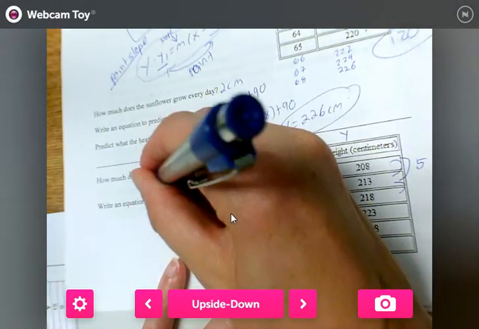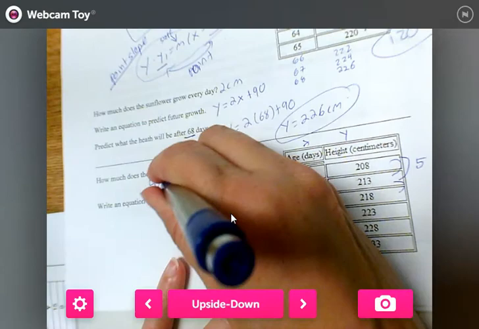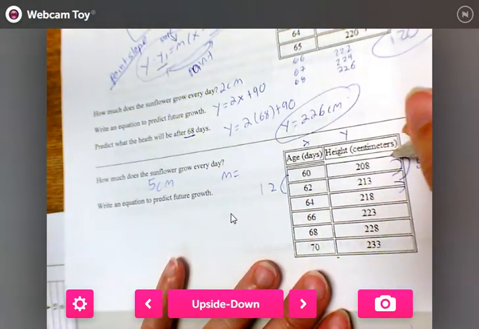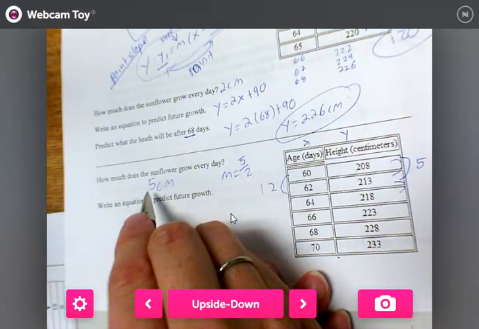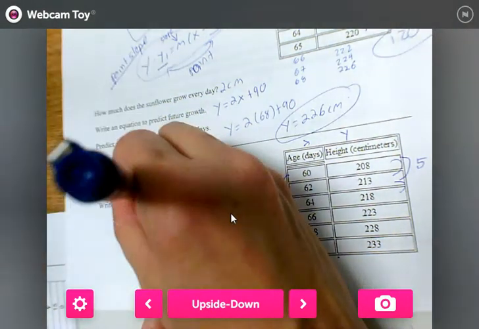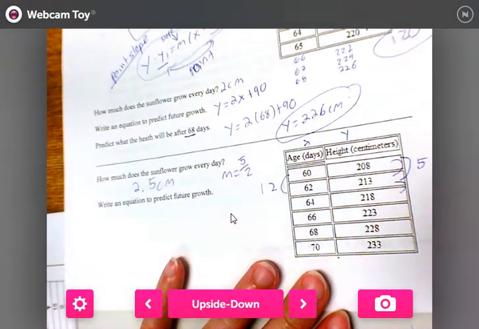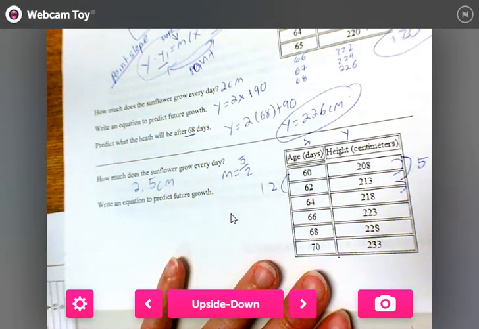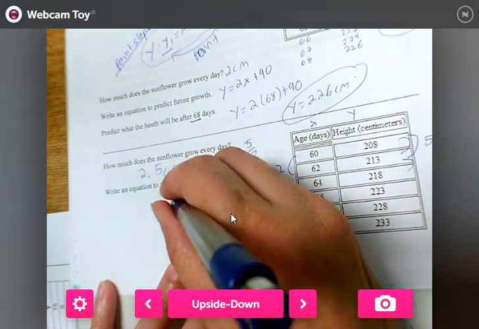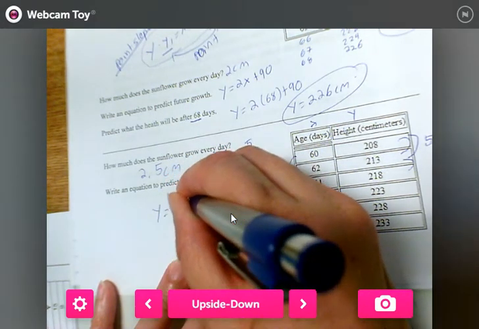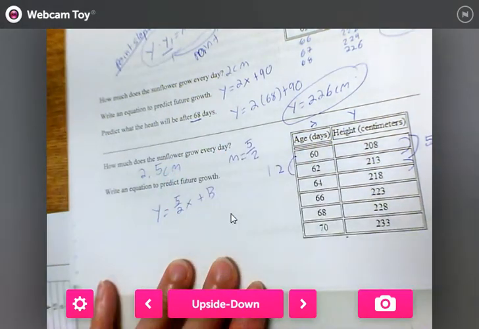The answer is not 5 centimeters per day. My slope is going to be 5 over 2, so it's 2.5 centimeters a day. Okay? So now I've got y equals 5 halves x plus, I don't know what b is.